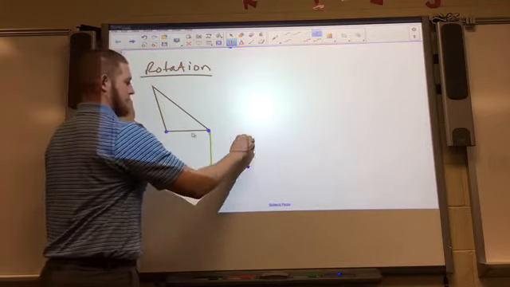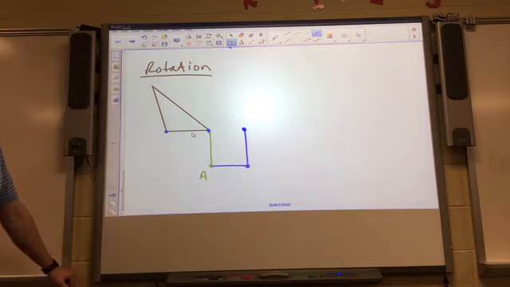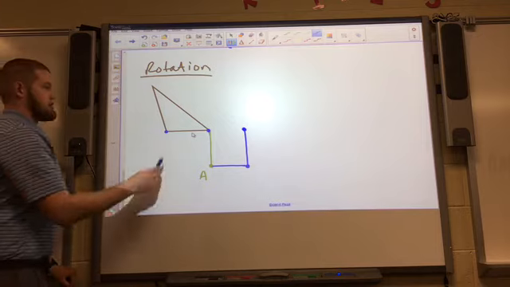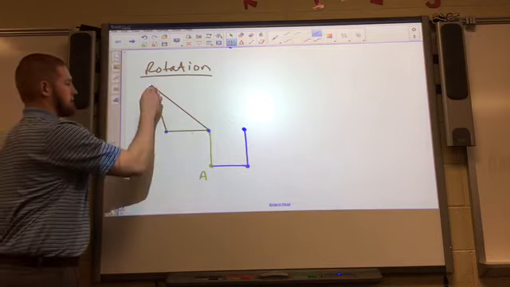And now this is the harder one, because this is kind of at an angle. To get to this point, I go up and a little bit left, right? Well, when I change 90 degrees, up changes to right, a little bit left changes to a little bit up. So it's somewhere right in here.